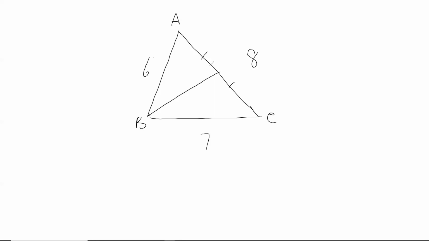No, EB is an angle bisector. Sorry, it's an angle bisector. And AD is also an angle bisector, right? Yeah. Okay, you can solve from here. Okay.